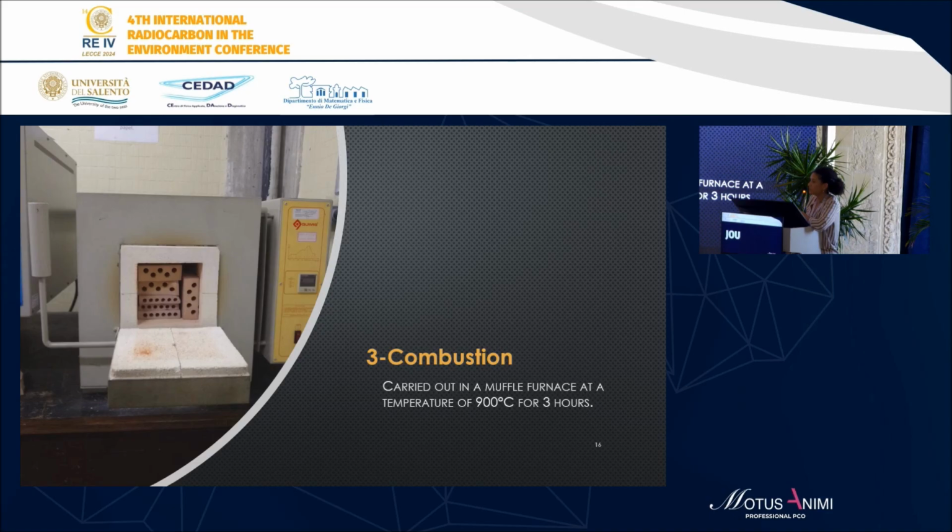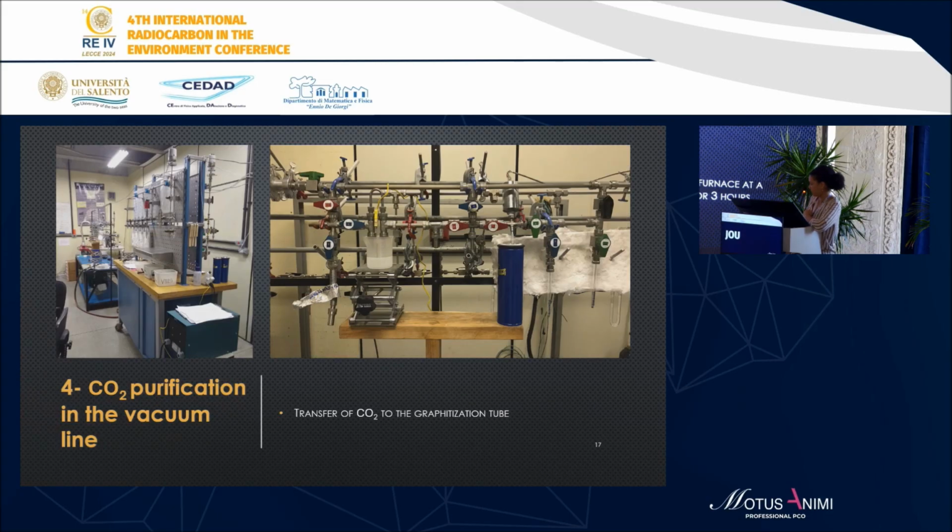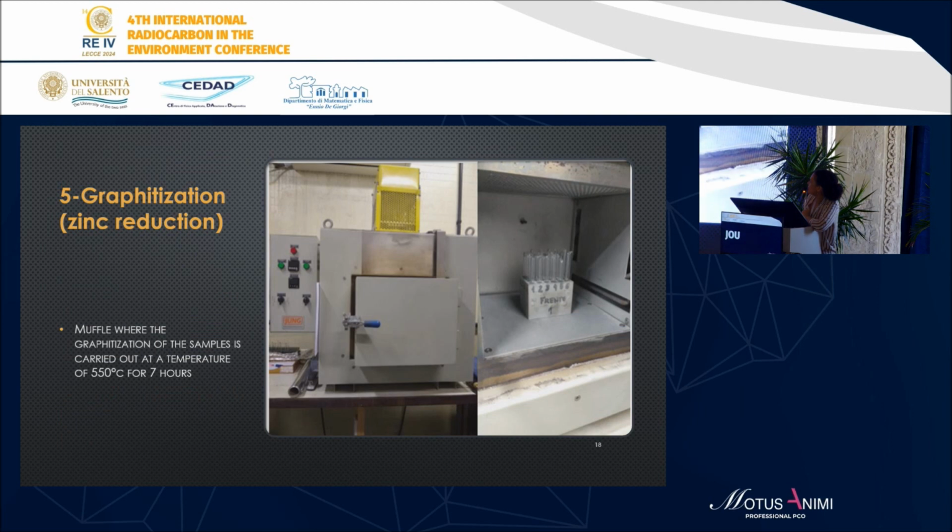And I do the combustion at 900 degrees Celsius for 3 hours. And after that, I purify the CO2 in the vacuum line. I use 2 temperature traps, and the gas, after purification, I transfer to a graphitization tube and seal the tube together, and I do the graphitization.